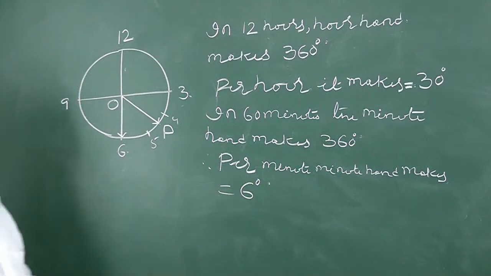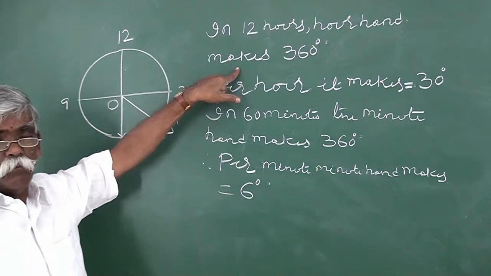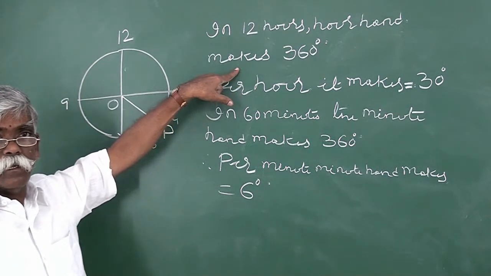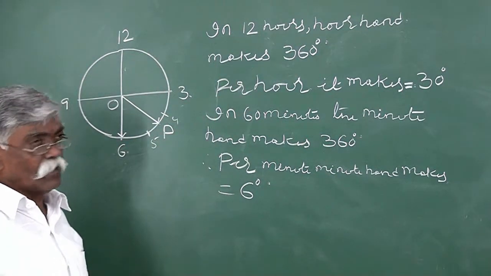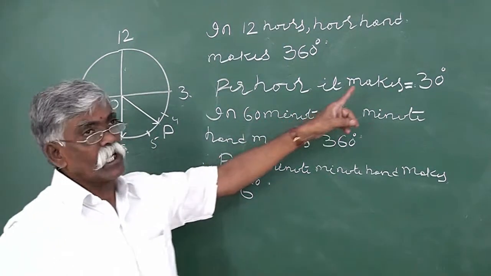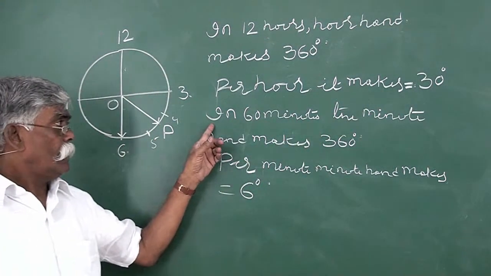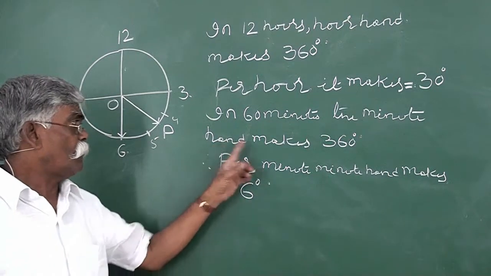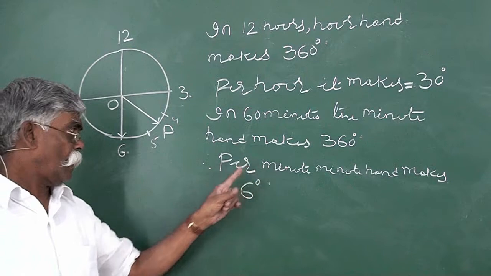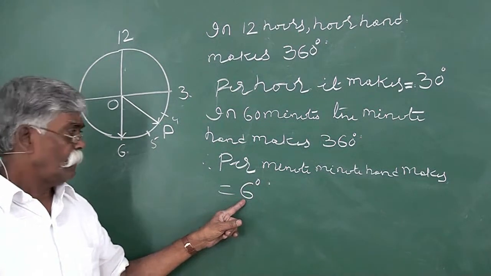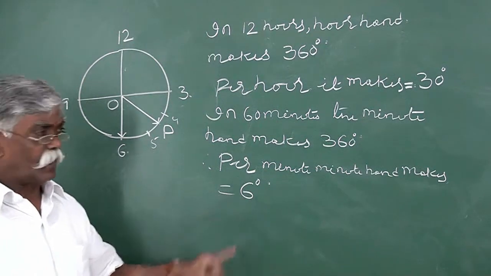So therefore, in 12 hours, the hour hand makes one complete revolution and thereby it makes 360 degrees. Hence, per hour, it makes 30 degrees. And in 60 minutes, the minute hand makes 360 degrees, and hence per minute, it makes 6 degrees.